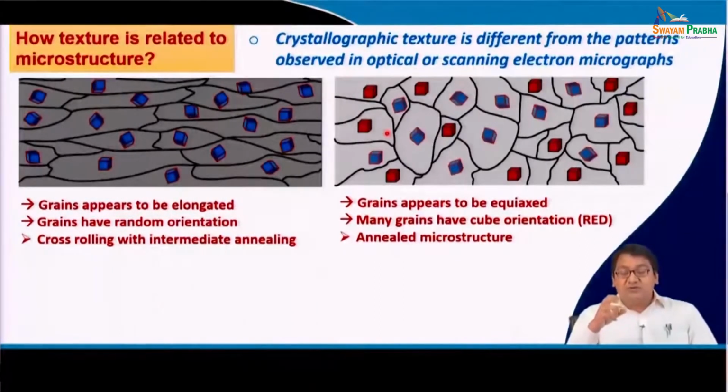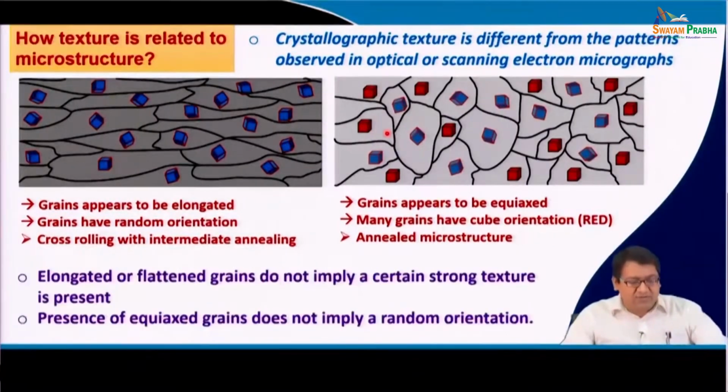But this is not obvious when we look into the equiaxed microstructure obtained from the AFM imaging or the optical microscope, and one can predict that it seems this is not a highly textured material because it is having an equiaxed microstructure. So, grains may appear equiaxed, but still it may have certain orientations which are present in higher amount, and this could happen to an annealed microstructure which is obtained after rolling.